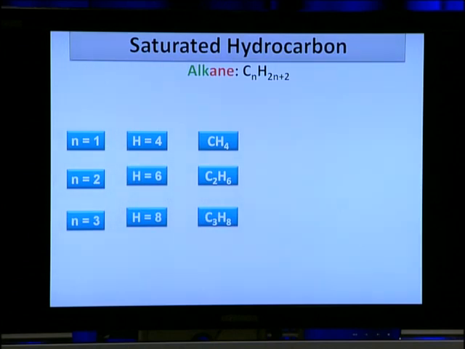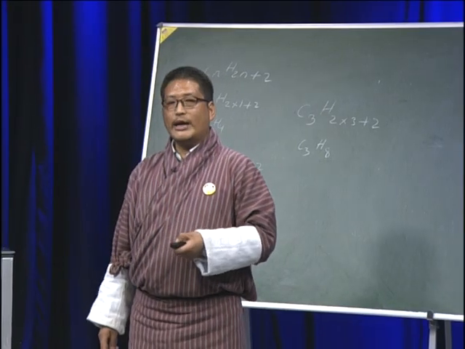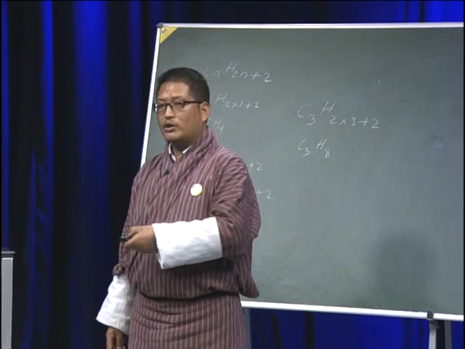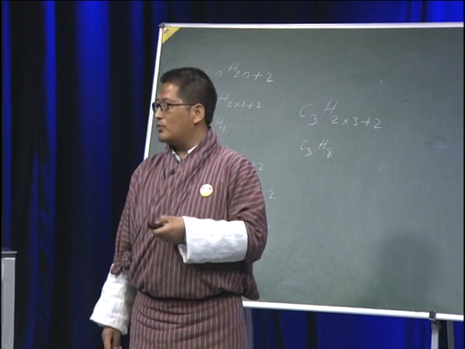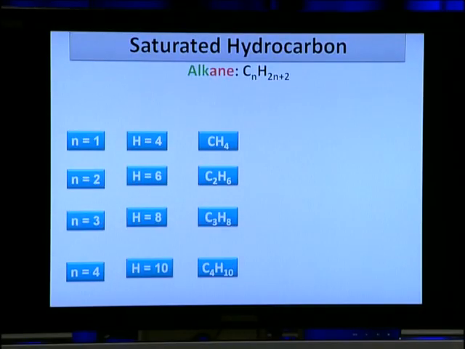So this is C3H8, the next member of alkane. And then by now you know when n is 4, you know how to find out the value of H. H should be equal to 10, and this is the formula of the next member of alkane. Following the same process, you can find out the formulas of the rest of the alkane family.